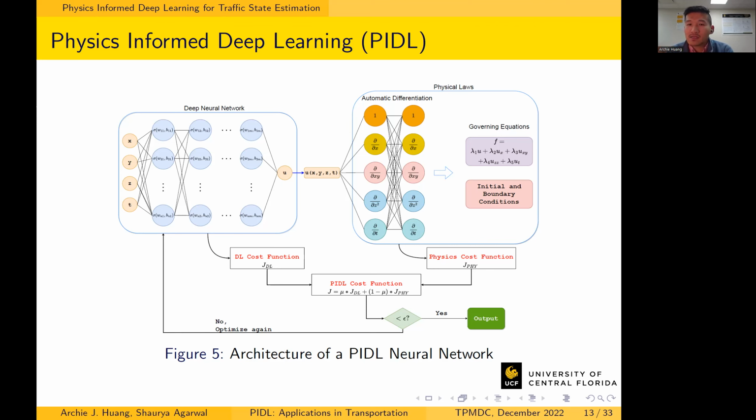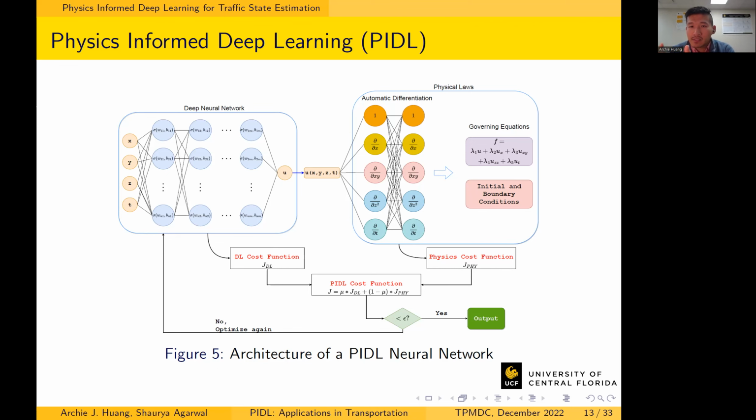And the second cost term is called the physics cost term, and that basically measures the disobedience between my estimation output and the prior knowledge, the physical equation. If it doesn't comply with LWR, how erroneous that result is.